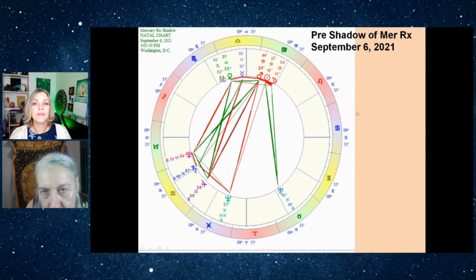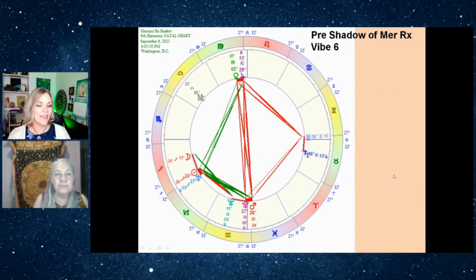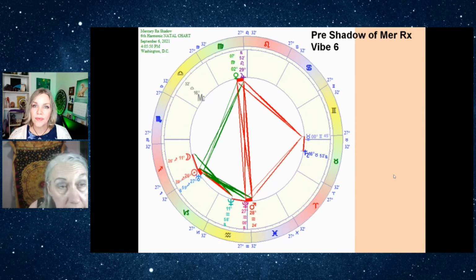It's really interesting. Okay, well, we pulled the strongest vibration of the first 32 for the point when the shadow starts. And you see it here. It's a 6th vibration, which says that we are talking about sharing with others in a harmonious way.